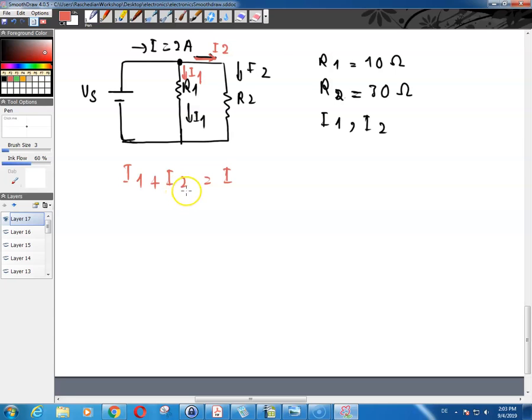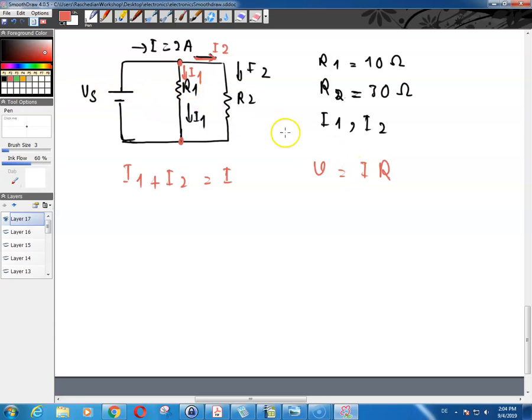So now in order to calculate the current going through this resistor, you can use Ohm's law, V is equal to IR. V is the voltage across this resistor, which is the power supply voltage, which I don't have.